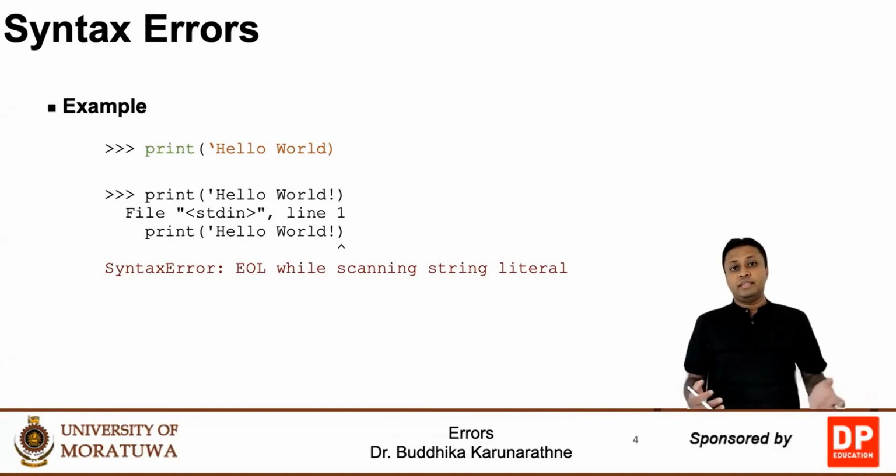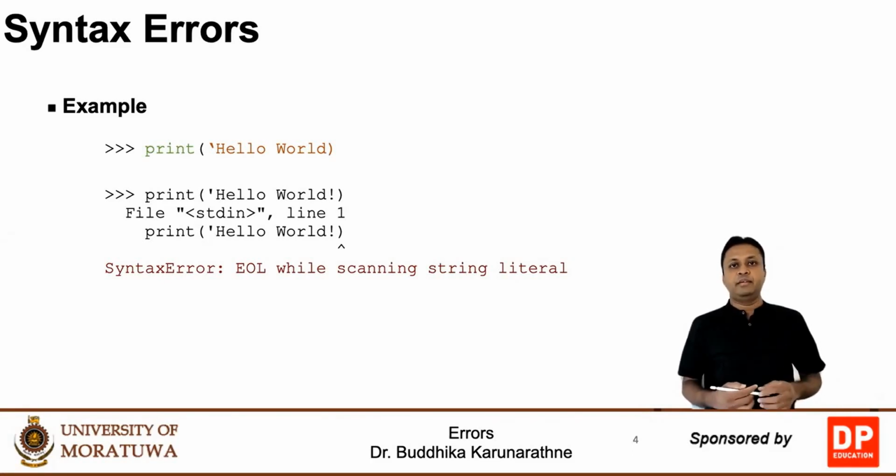So what are these syntax errors? Let's take an example. Look at this print example. We are trying to print the string hello world to the console. Did you notice something wrong? You can take a moment to observe. So what will happen if we run this code? You can see that it generates a syntax error.